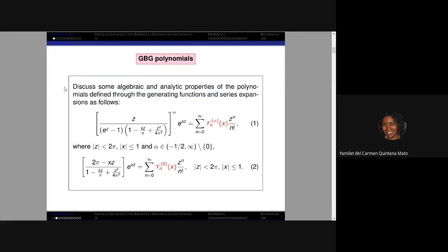I'm going to talk about a mixed type of special polynomials obtained from generalized Bernoulli polynomial and Gegenbauer polynomial by means of the product of their generating function, as you can see in expressions 1 and 2.